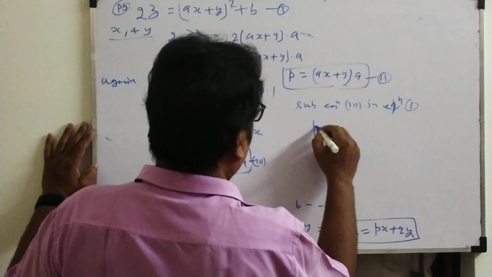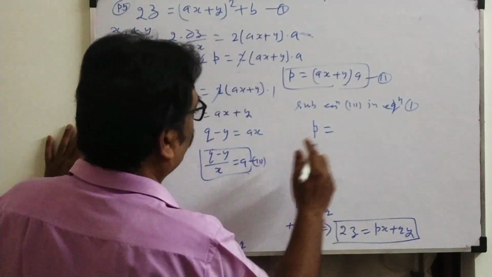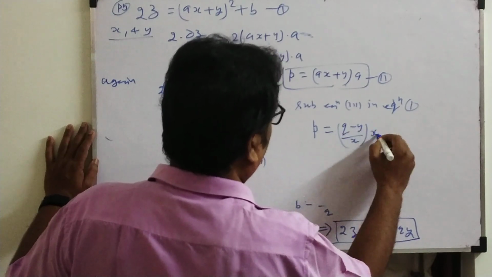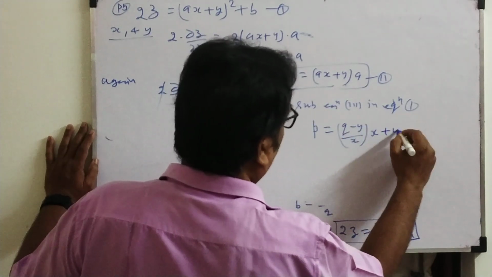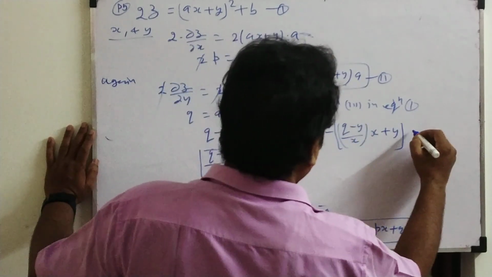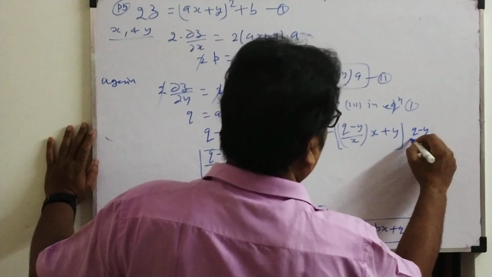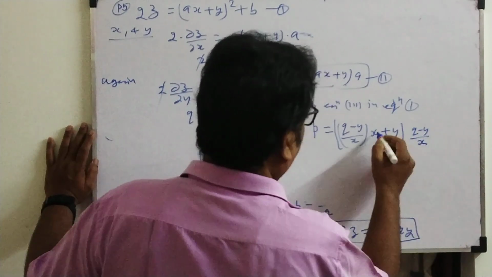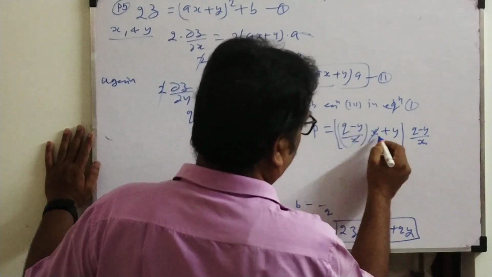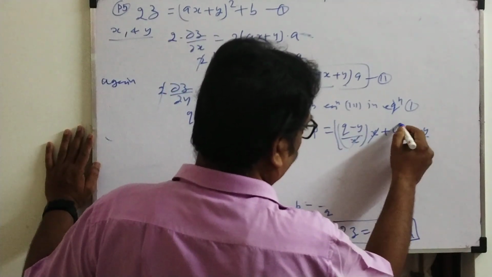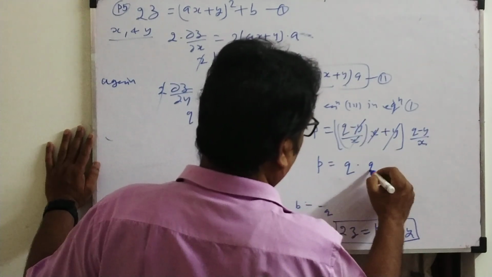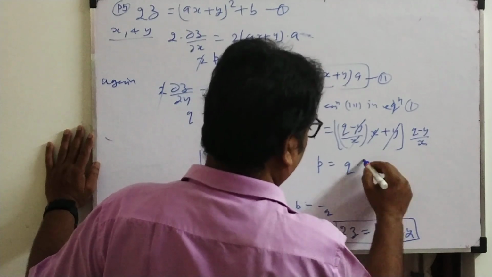So what will come here? p, a value, na? q minus y by x into x plus y, bracket close. What is there here? a, q minus y by x. x gets cancelled here. So plus is there, no? q minus y. So this also gets cancelled. So p is equal to q into (q minus y) by x.